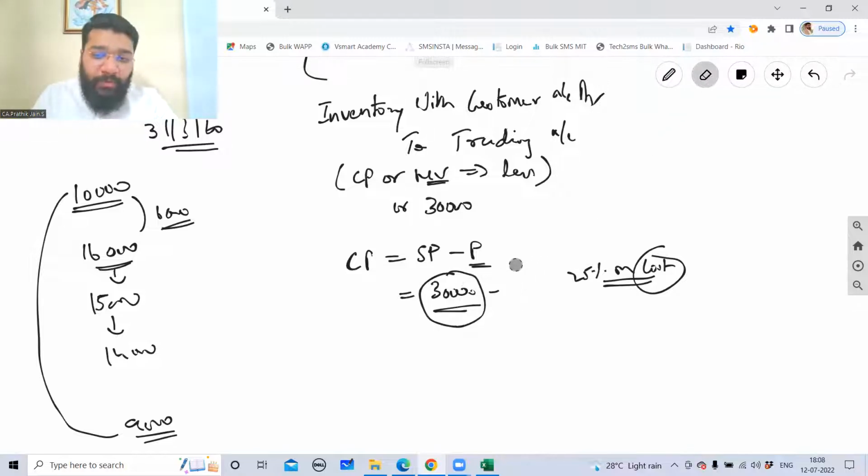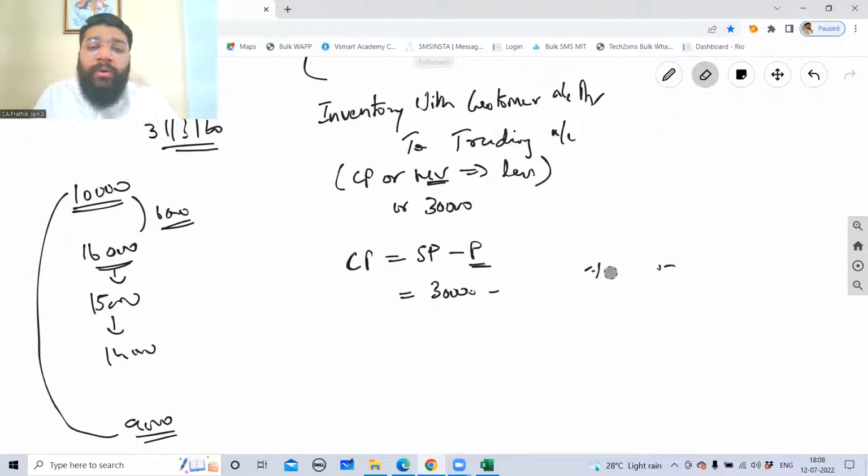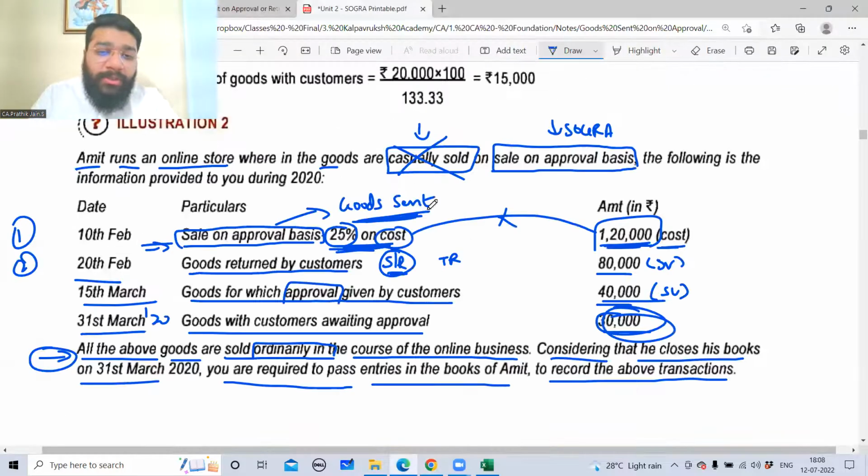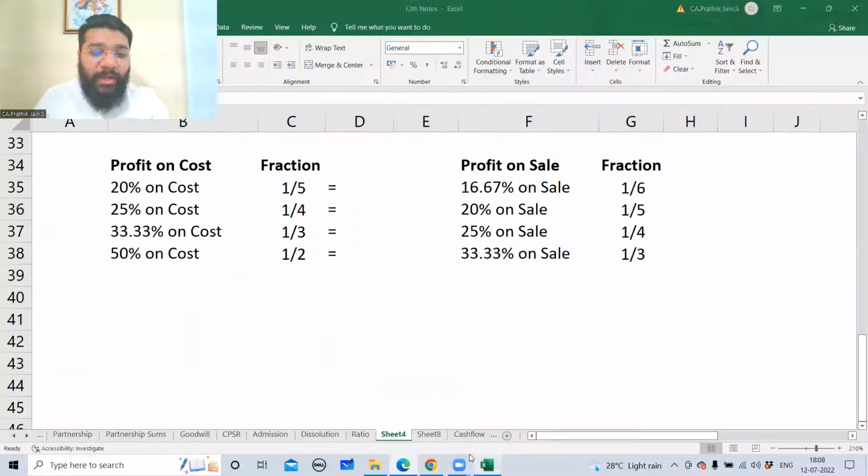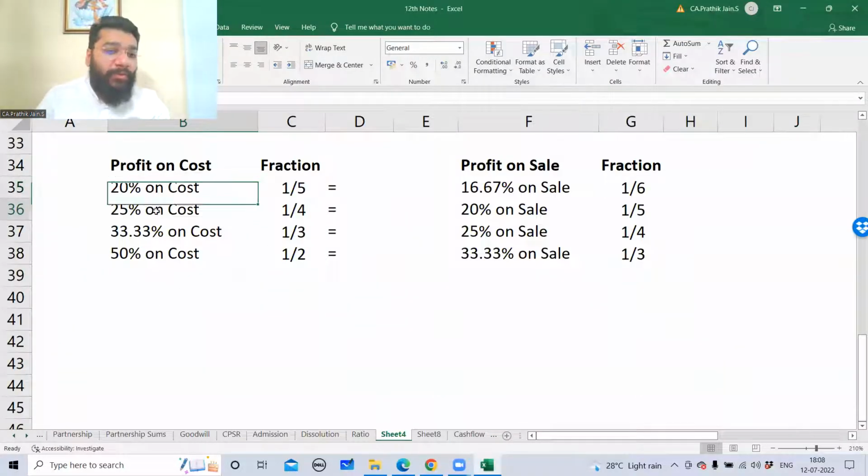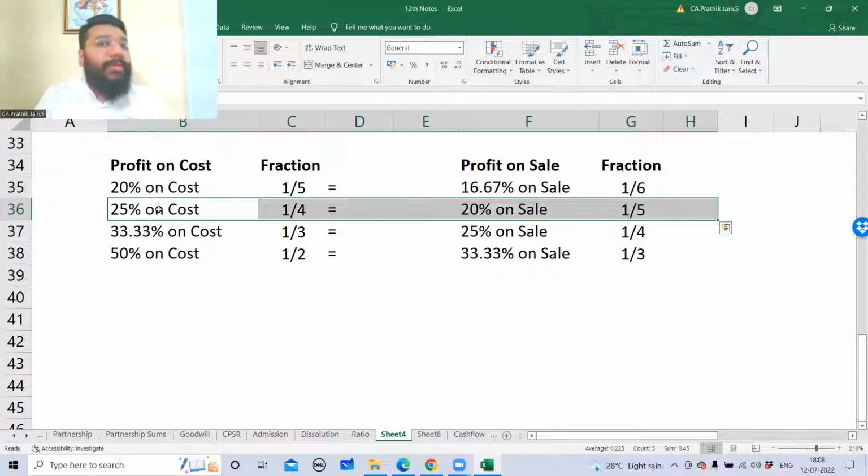Not possible. So what do I need? I need to convert the 25% on cost to a percentage on sale. If it is 25% on cost, what will it be on sale? 20%. If you remember, I gave you this chart also. If your profit is 25% on cost, on sale it will always be 20%.